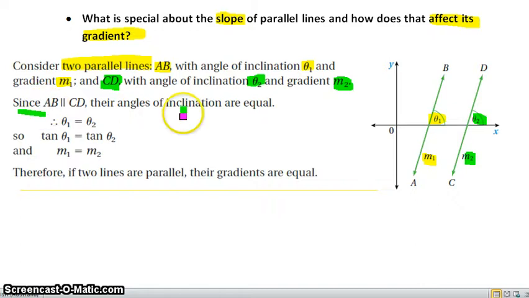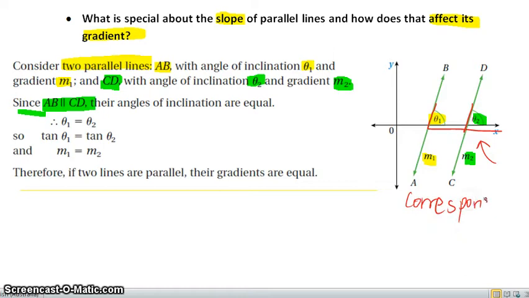Because the angles of inclination are equal, the lines are parallel. Why are they equal? If you look at these two angles, you'll notice that they make an F shape. So they're corresponding angles.